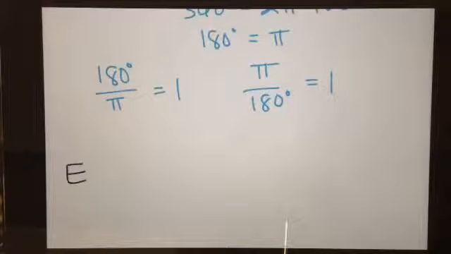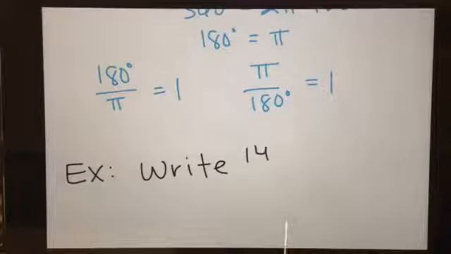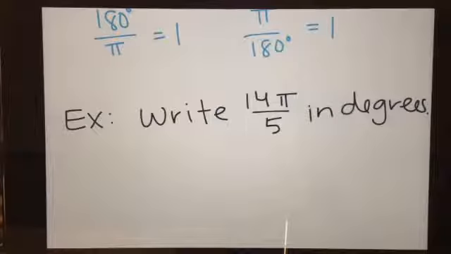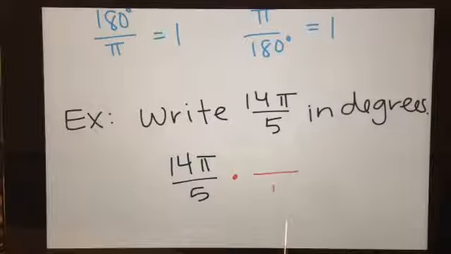So for our first example, let's say we want to write 14 pi fifths in degrees. So we're going to choose one of the two ratios. I want the pi to cancel out because degrees are not in terms of pi. So when I consider the ratio that I want to use, if I have pi on the top of my fraction currently, then I want to multiply this by the 1 that has pi in the bottom.